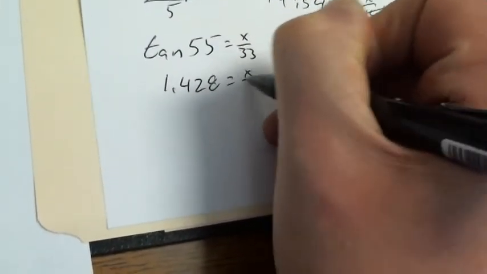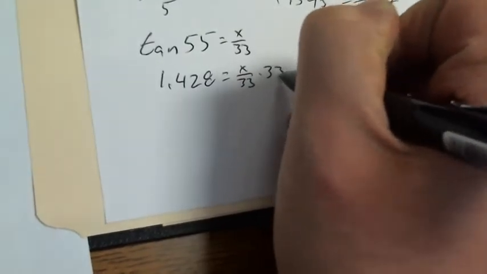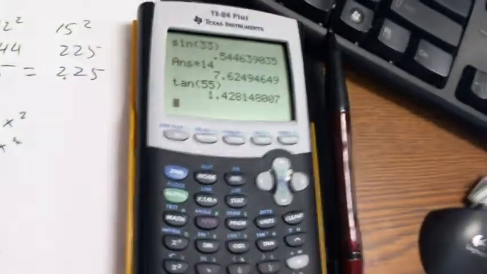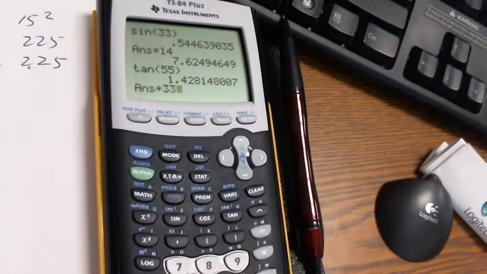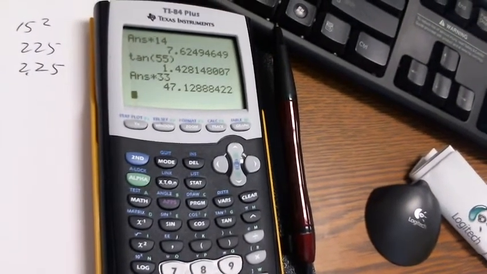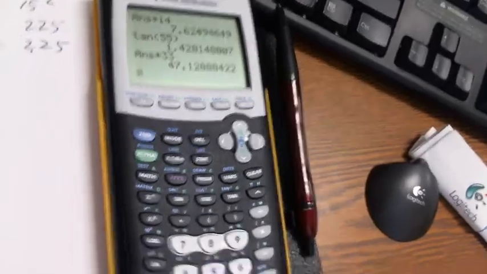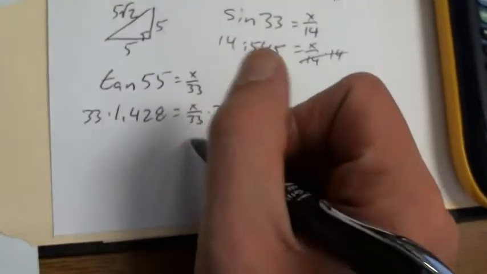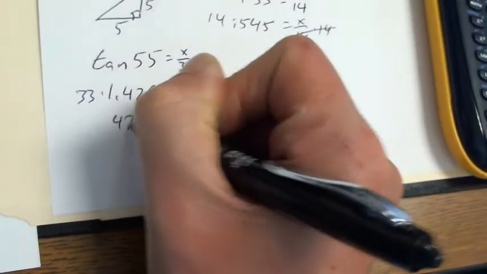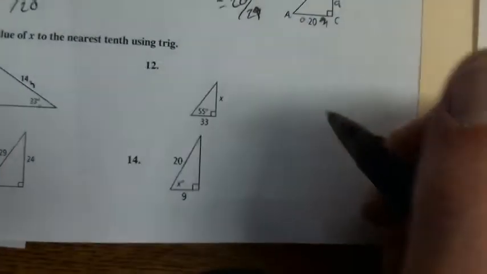It's 1.428. x over 33. Multiply both sides by the denominator. 47.12. 47.2 as far as we're concerned.